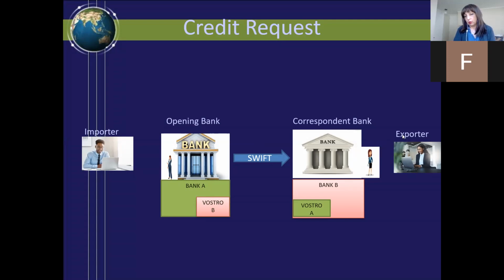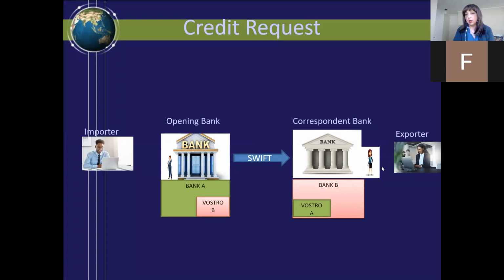The exporter or the broker, we're going to see that later, when the exporter goes to the bank, he or she goes with all the shipping documents proving that the merchandise is already on its way.